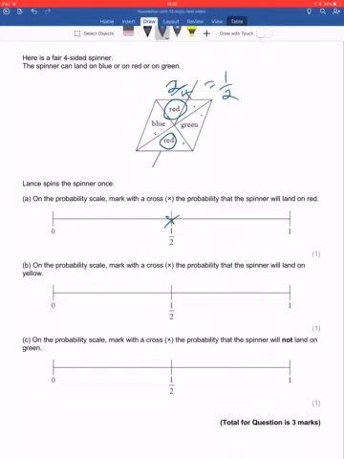On the probability scale, mark a cross, the probability it will land on yellow. Well, there aren't any yellows, so it's impossible, so it must be 0. On the probability scale, mark with a cross the probability that it will not land on green. I've got 1 green here.